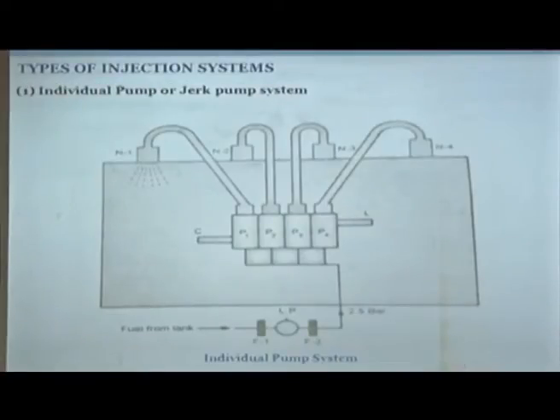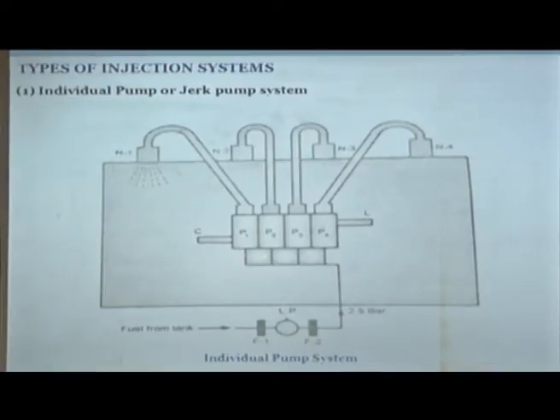So here is the system that I was telling you. The fuel is coming from the fuel tank. You have one filter, then a low pressure pump, and then another filter. Here the pressure is very nominal, and the idea is that the fuel should be able to flow to the fuel pumps.